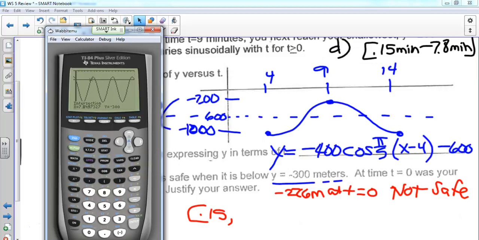The second one is at 7.8. So from 0.15 minutes to 7.8 minutes, you're safe. And then you go back above -300. Danger zone. Yes. Also number 5 on this machine.